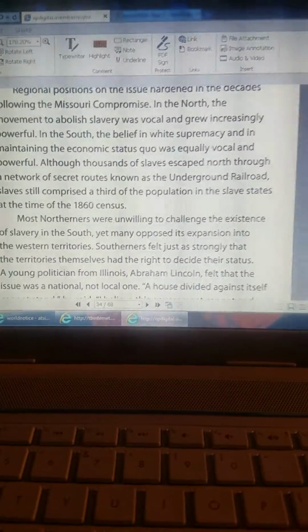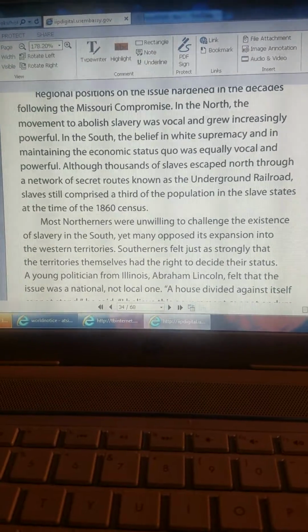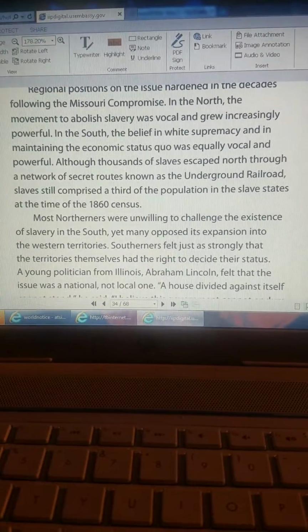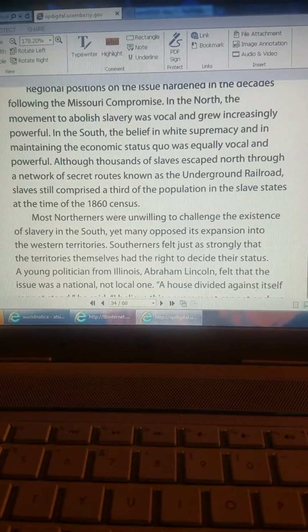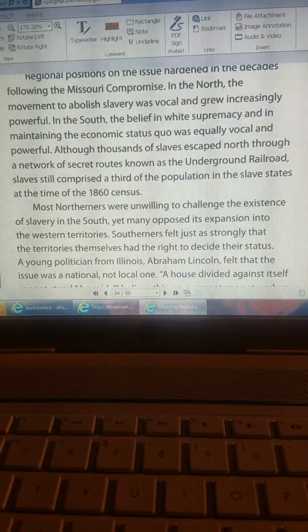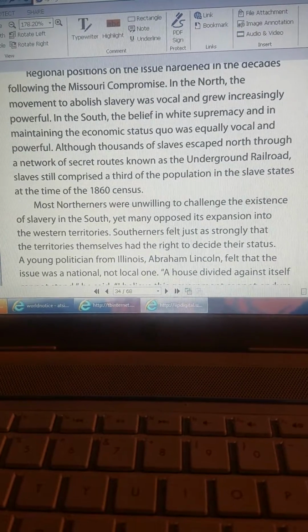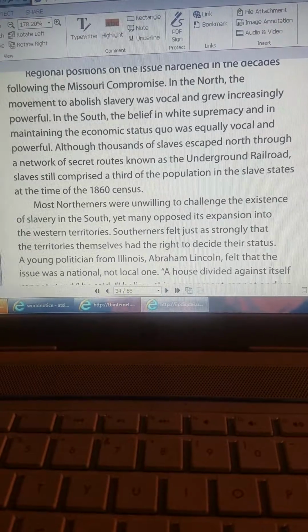Regional positions on the issue hardened in the decades following the Missouri Compromise. In the North, the movement to abolish slavery was vocal and grew increasingly powerful. In the South, the belief in white supremacy and maintaining the economic status quo was equally vocal and powerful.